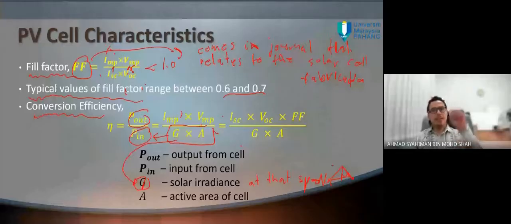What is the other equation? This is the P out and P in. We don't know the value of P in, so the same equation uses G multiplied with A. G multiplied with A is the value of the P in. How to get the P in? G is the solar irradiance on that part, the instantaneous solar irradiance at that specific time.